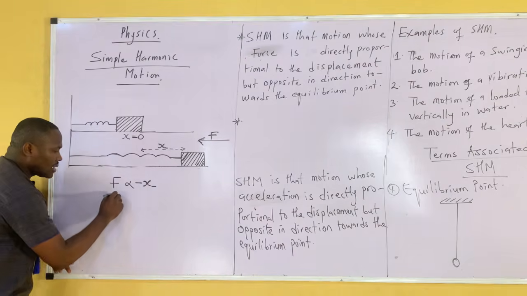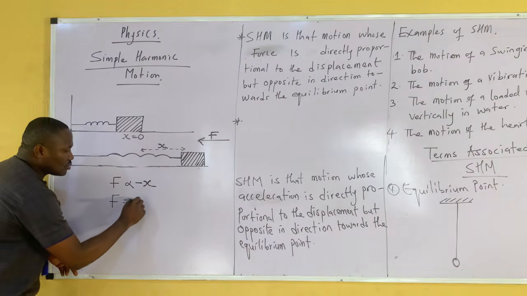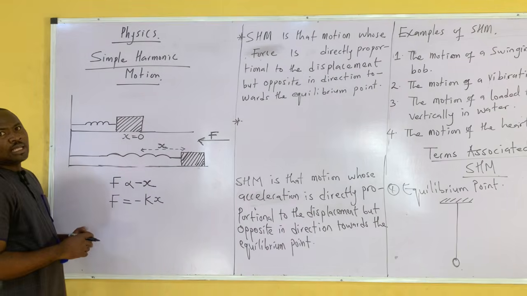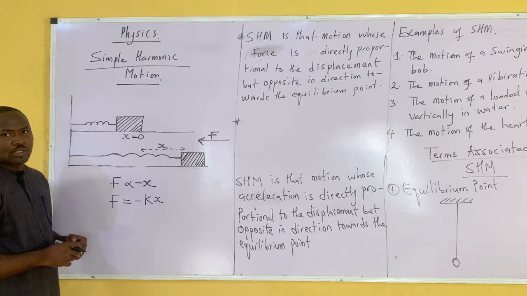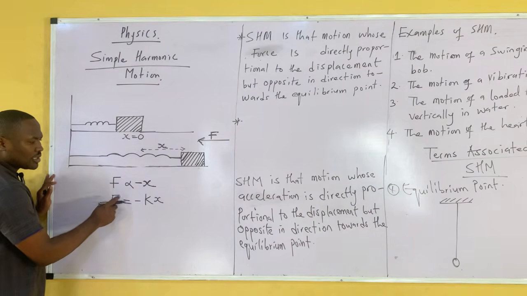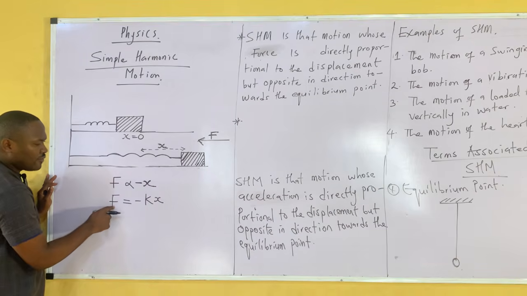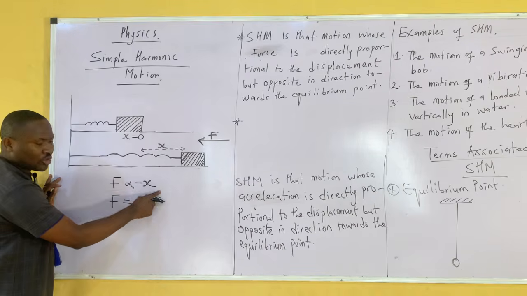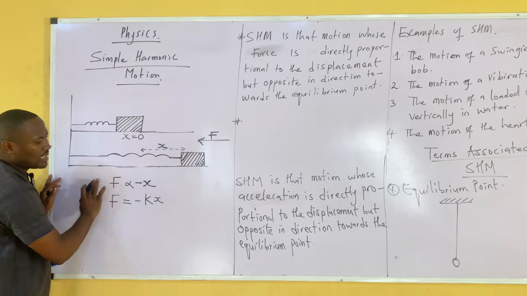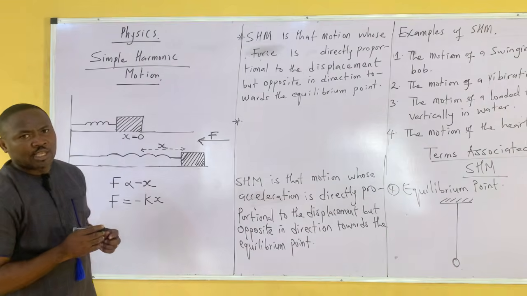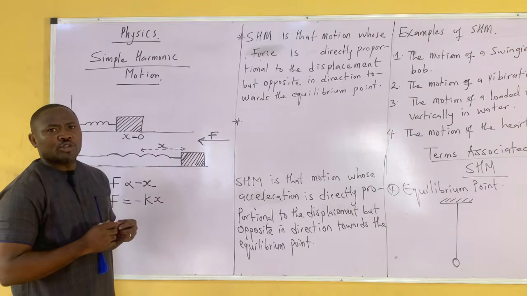So F is equal to minus Kx, where K is the elastic or spring constant. From this, we can tell that force and displacement are directly proportional, but opposite in direction towards the equilibrium point. That is enough to define a simple harmonic motion.